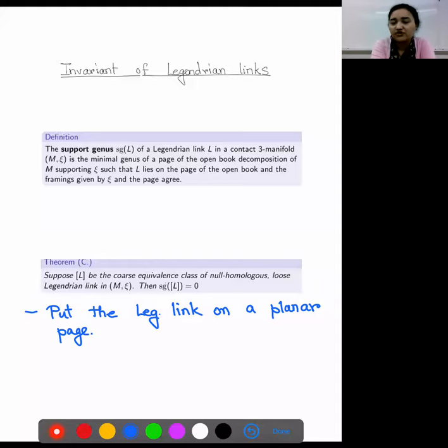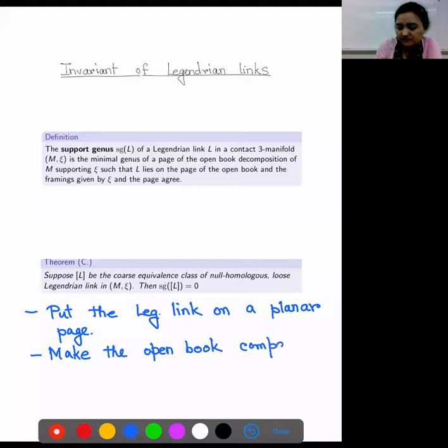But in contact geometry, there are tools which can make the open book support the contact structure we want it to support. That is, we can make it compatible. So using those tools, we can make the open book compatible. All right.